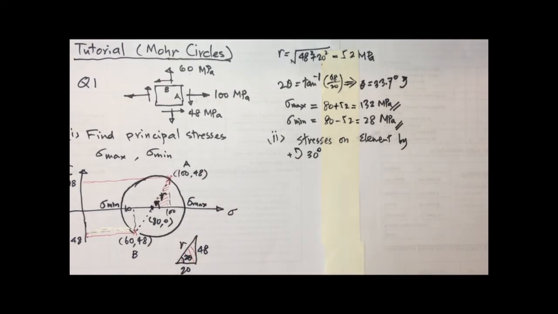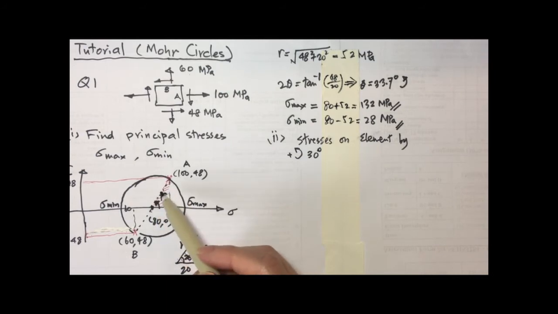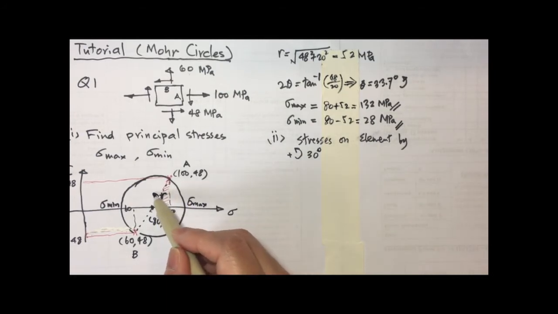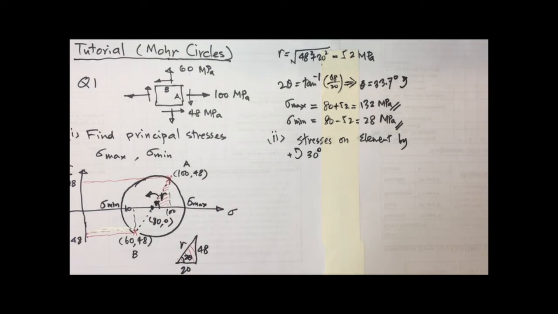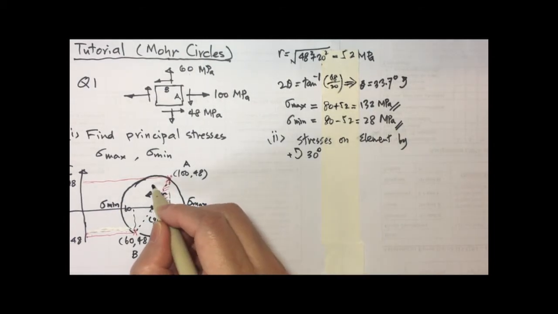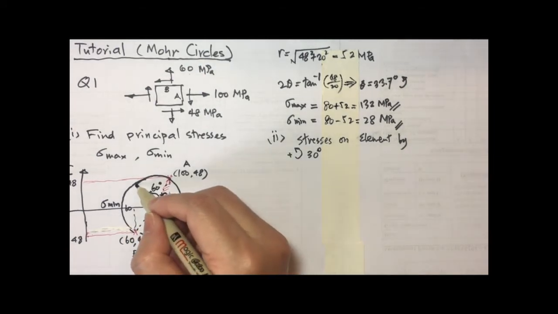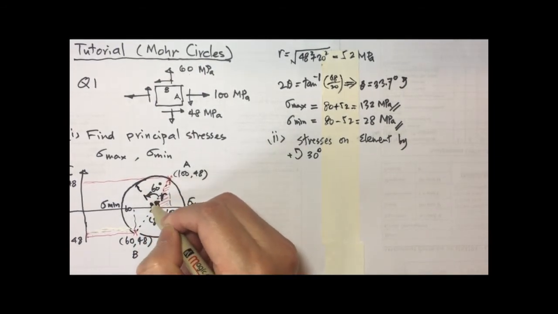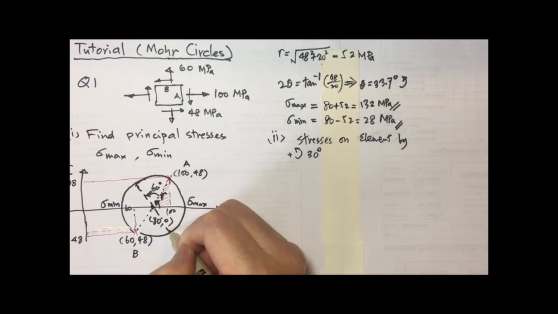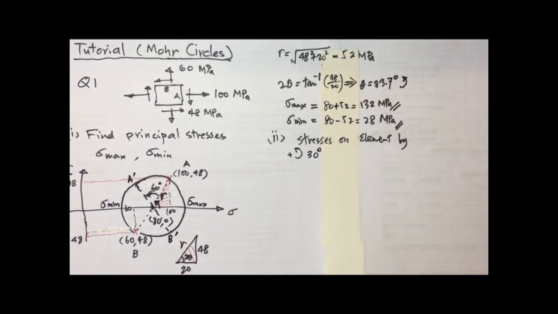So what you're going to do, so that's the plane A. So you rotate it by not 30, right? 2 times 30. So 60 degrees. In other words, you are going to want to know what's this stress state for the A dash and the B dash.